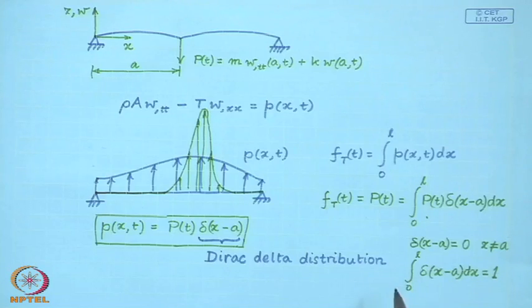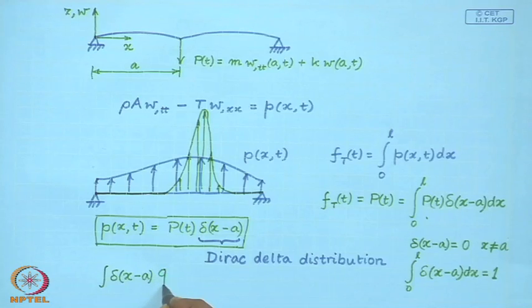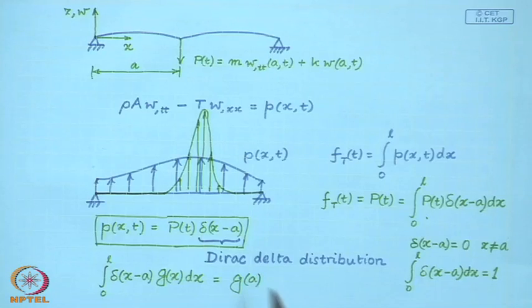So, a further generalization of this integral property is this. So, this is a further generalization of this integral property of Dirac delta distributions.